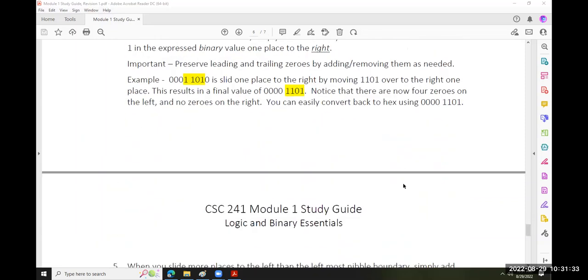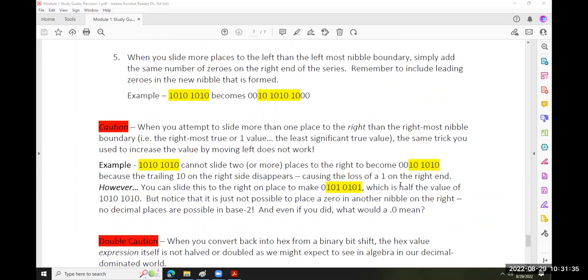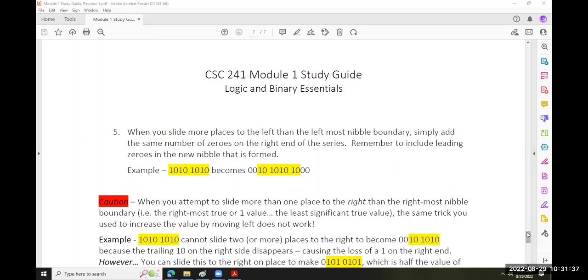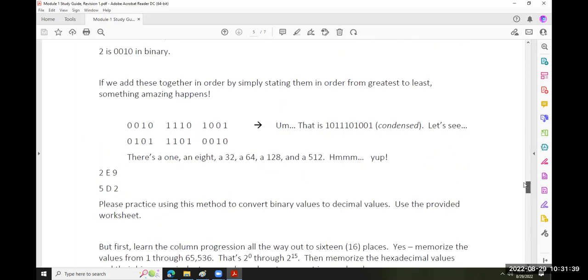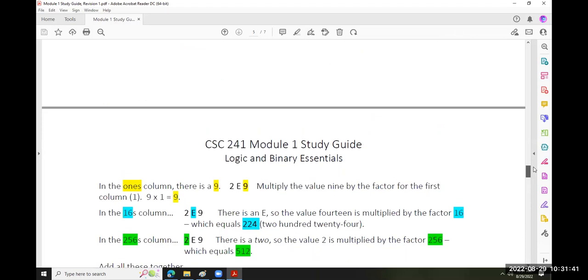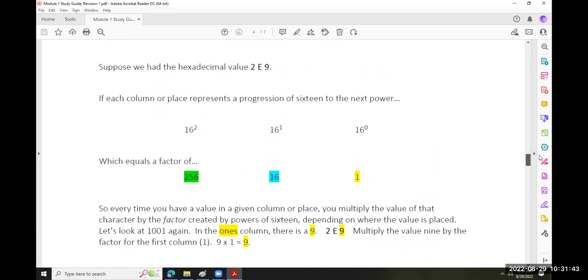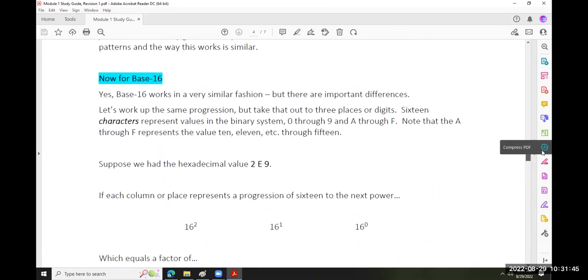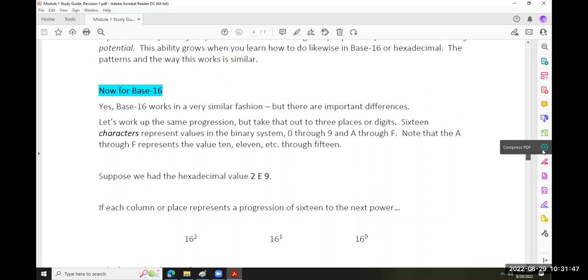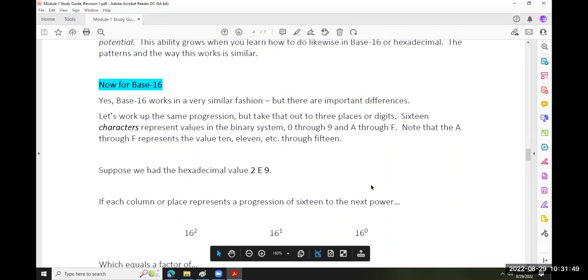Okay. So now what we want to do is blitz back to hexadecimal. We want to talk about hexadecimal because we want people to understand hexadecimal is different. So in base 10, we use numbers 0 through 9.